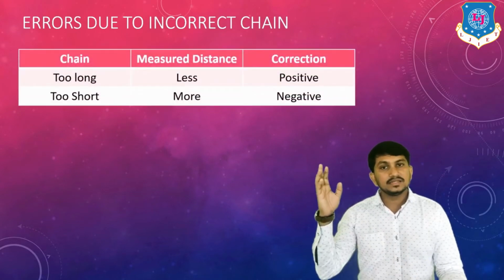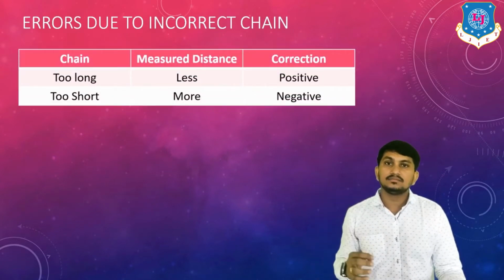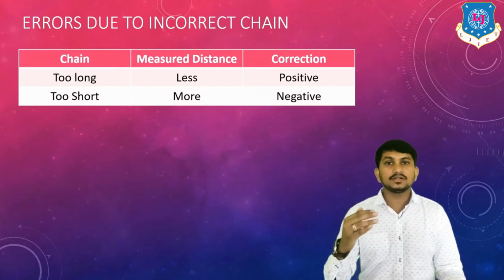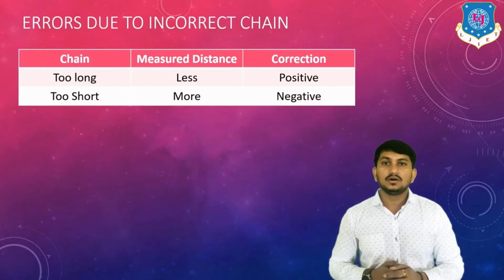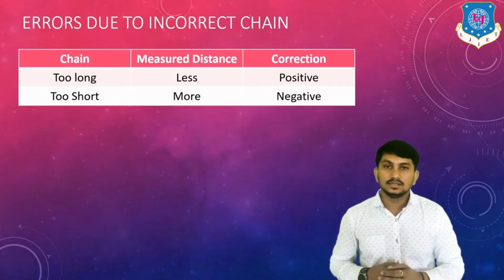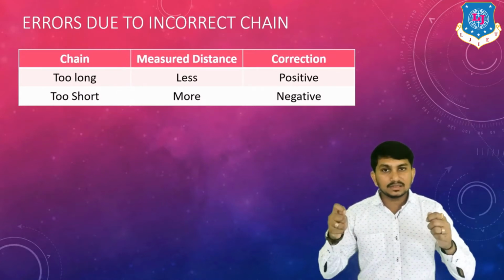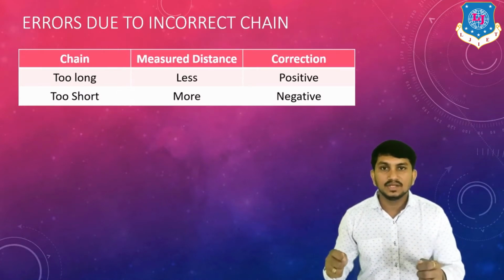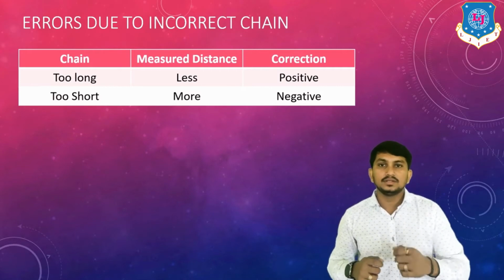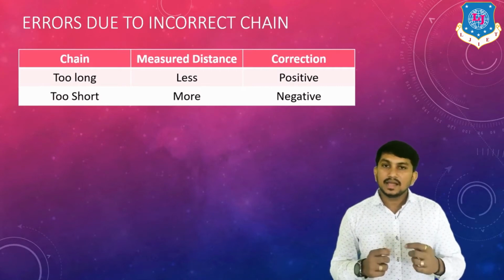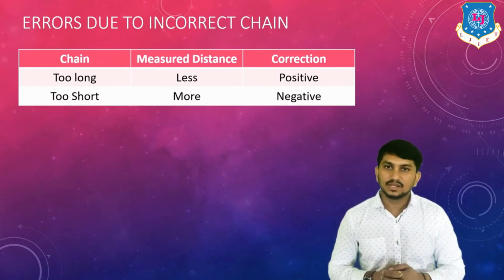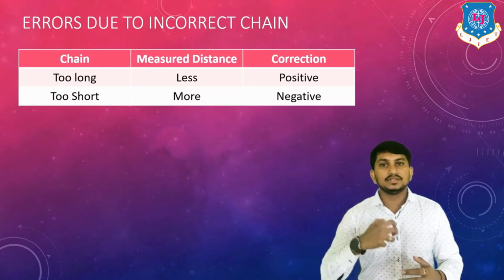We will understand these errors by this table. If the chain or tape is too long, or the length is increased, then the actual measured distance will be less, and we have to correct the distance by adding the error. So the correction will be positive.